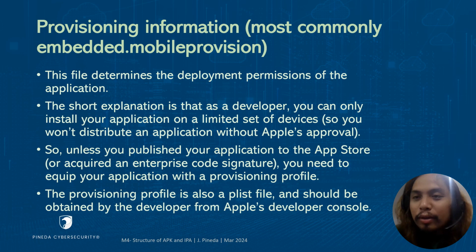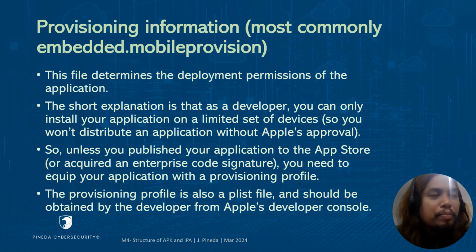So you need to get the approval of Apple. So you have to publish your application to the App Store. You need to equip your application with a provisioning profile. So this is the provisioning information. The provisioning profile is also a plist file and should be obtained by the developer from Apple's developer console.